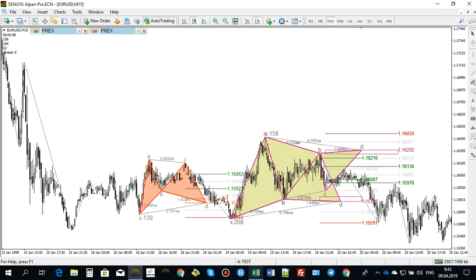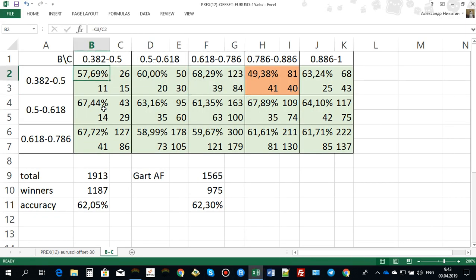And of course you can exploit all these tables, only taking those that are, I don't know, just take those that are above 63. So 67, 63, let's say 67, 64, 68, 63, and you use this 67. So just set the B point ratio, set the C point ratio.